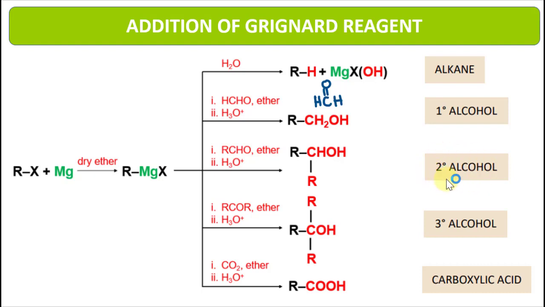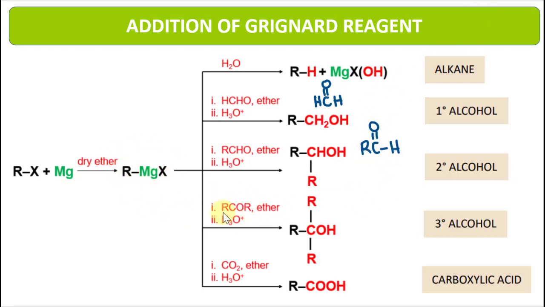To form a secondary alcohol, the Grignard reagent must react with any aldehyde except for methanal in ether, followed by hydrolysis. The R here can be any alkyl or aryl group. So if we open the structure of the aldehyde, we can have it as RC double bond O, H. Again, it is a nucleophilic addition reaction where the carbon double bond O will become a carbon single bond O when the nucleophile attacks this carbon.